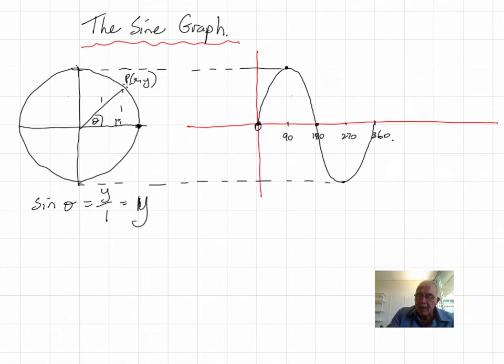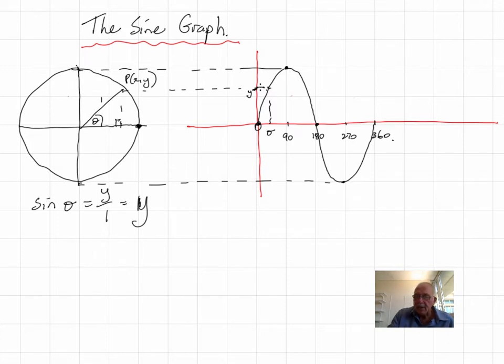So at theta here, if I wanted to know where it was, that would be my theta in this instance. The length of the y ordinate would be y units up there.